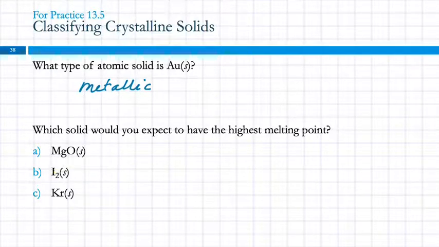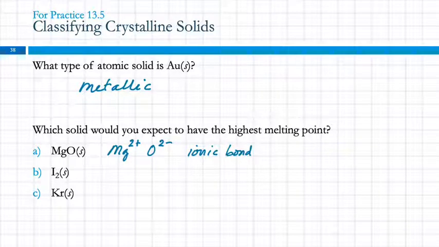So in MgO, what are the particles? We have magnesium and oxygen, and these are ions, right? So they're held together by ionic bonds. Are ionic bonds strong? Yeah, they are.